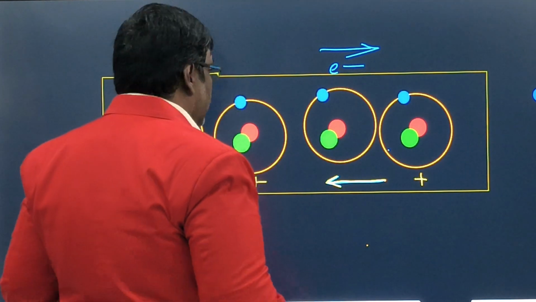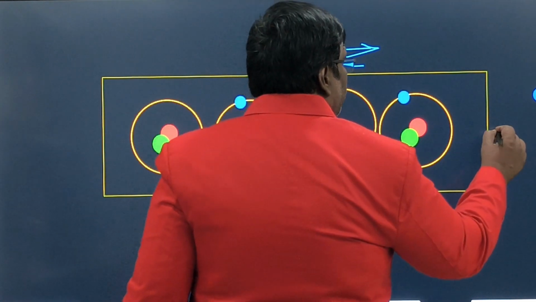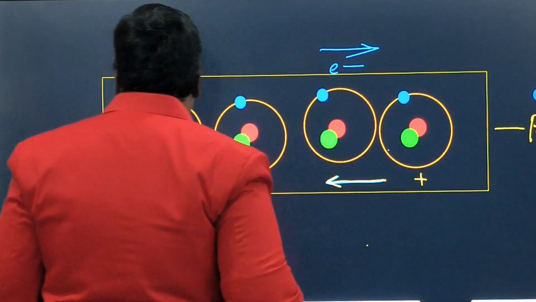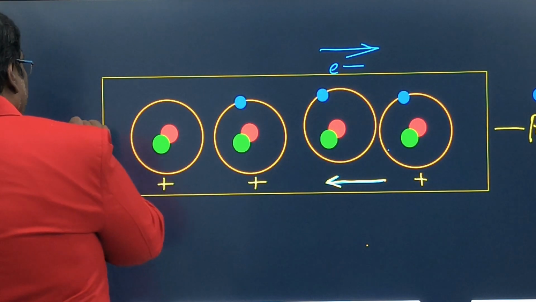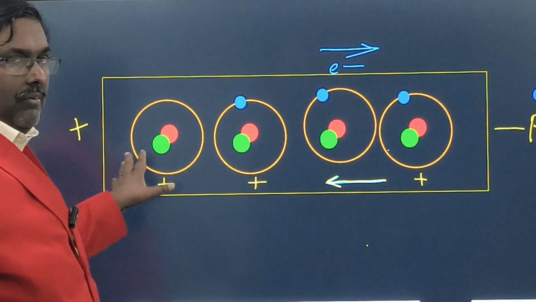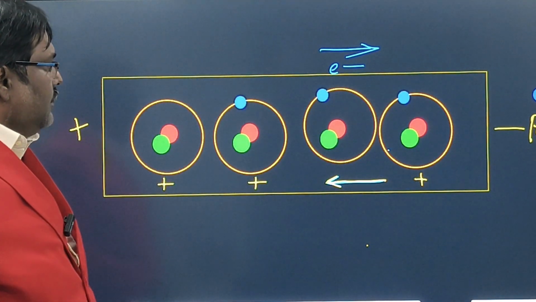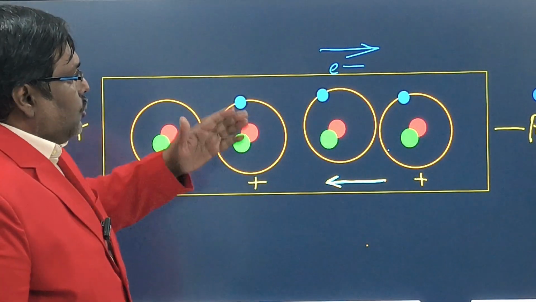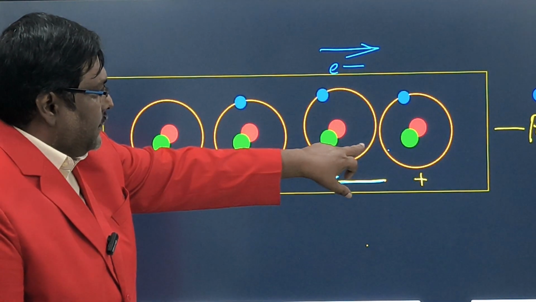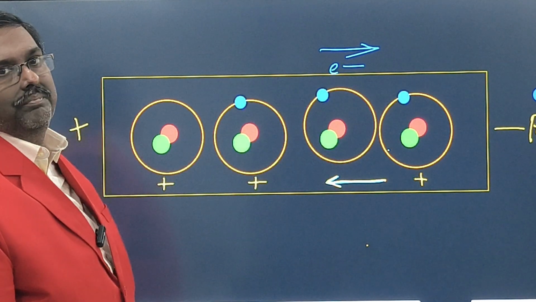So we can call this the minus terminal, and this side, where it is coming, we can call positive. This is like a battery or a potential source, an electricity source. The electron is moving in this direction, but the positive charges are moving in the opposite direction.